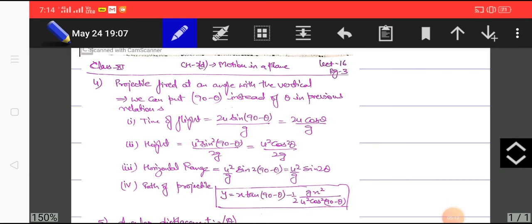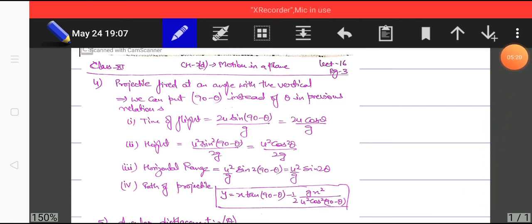Next is projectile fired at an angle with the vertical. The previous derivation we have done using the angle of projection with the horizontal. If the projectile is projected making angle theta with the vertical, then obviously the angle with the horizontal will become 90 minus theta.